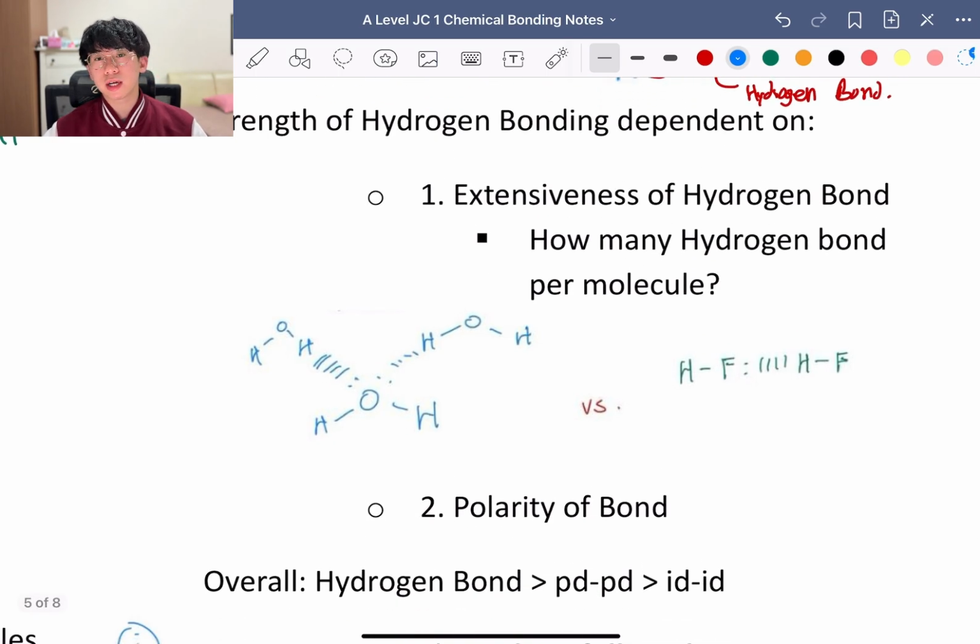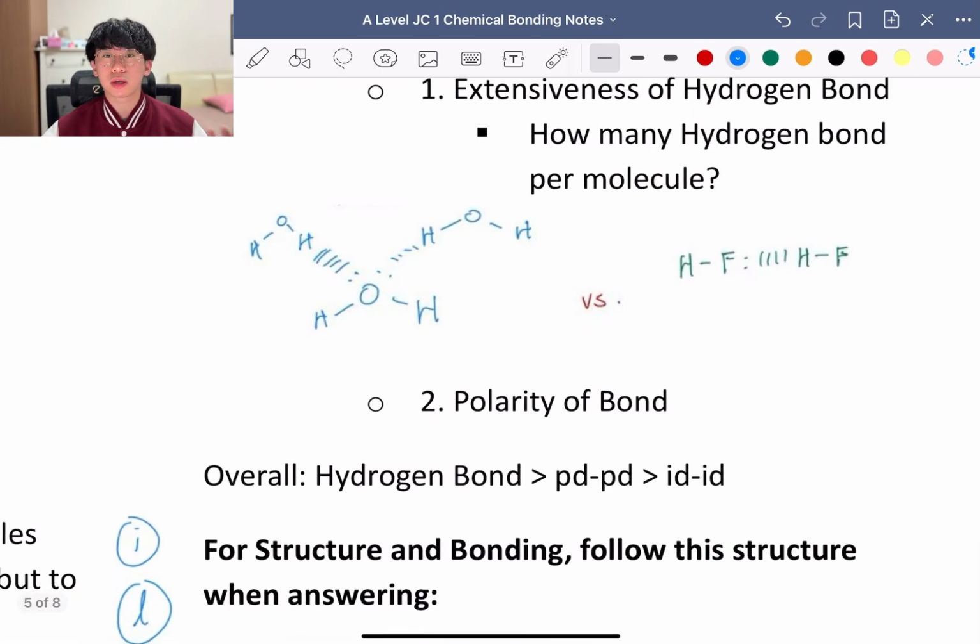Now, what is the strength of the hydrogen bonding dependent on? This is dependent mainly on the extensiveness of my hydrogen bonding network. And what does that mean? Well, we are looking at how many hydrogen bonds a single molecule can form. If you look at water, a very common example, water has 2 hydrogens and 2 lone pairs, so one molecule can do hydrogen bonding to 2 different water molecules.